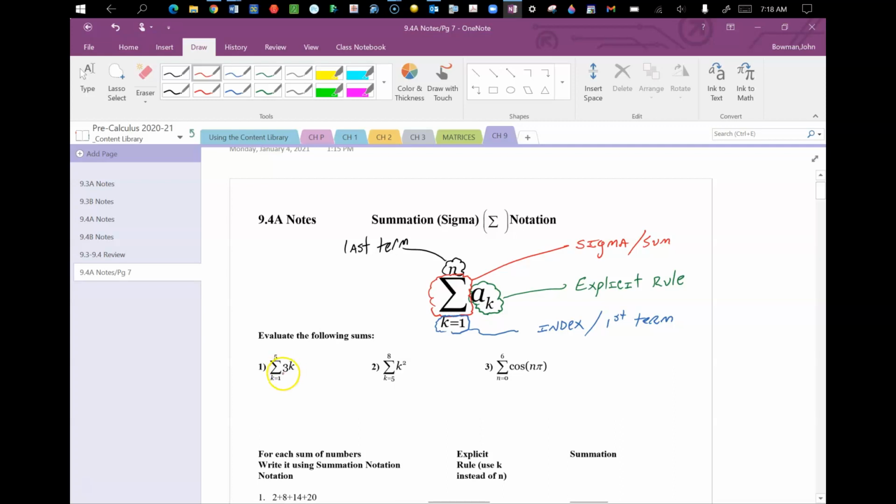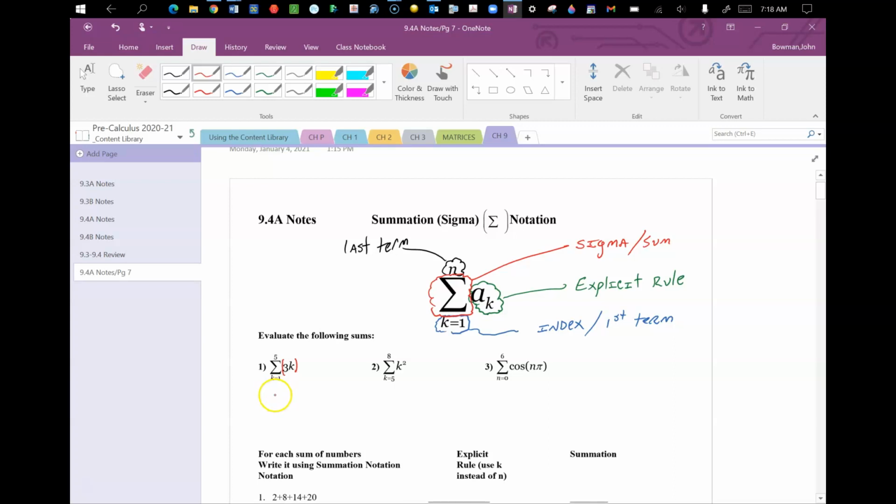I do want to point out that if you are using the Pearson homework, you are likely going to have to put parentheses around the entire explicit rule, because that way the program will know exactly what part is the explicit rule and what part is not.